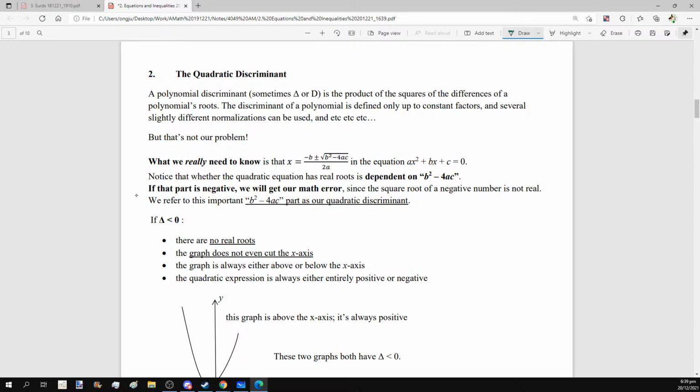Therefore, if I have a negative discriminant, we say that there are no real roots, no real solution. This also means that you have no x-intercepts, and as a result, we will not even cut the x-axis, right? The graph will be floating on top, floating below, either one.